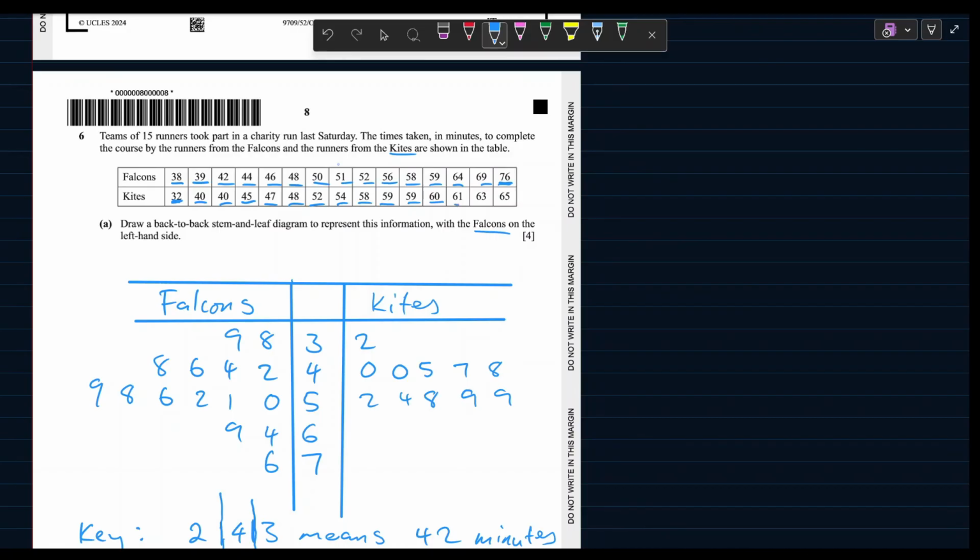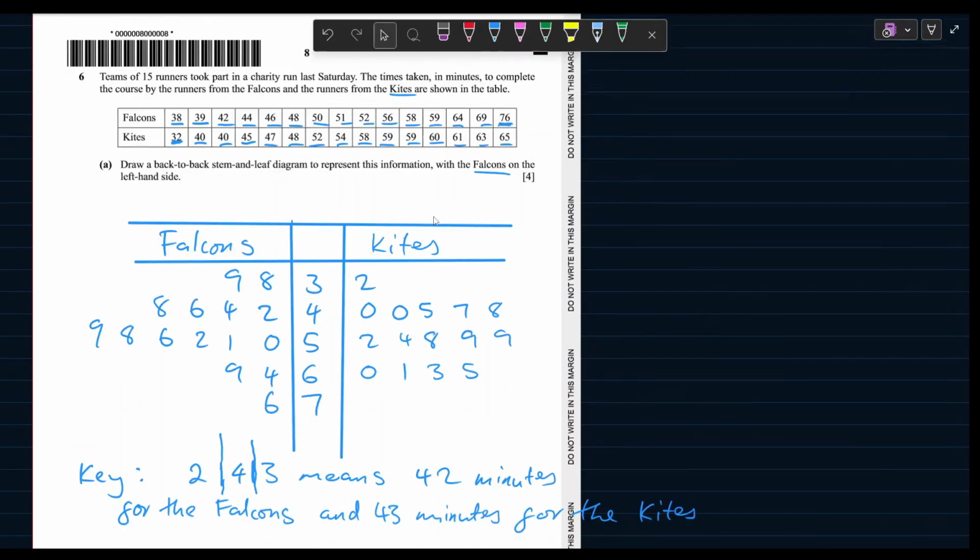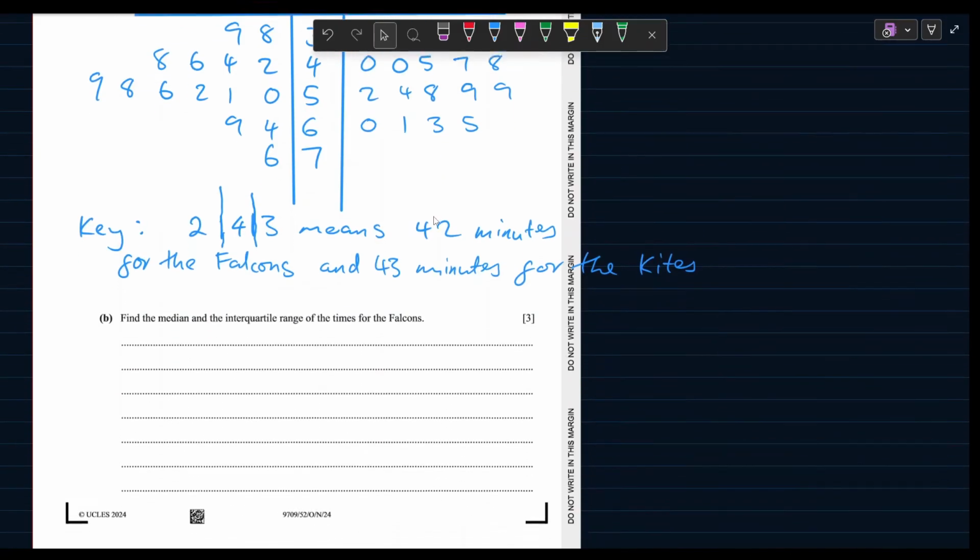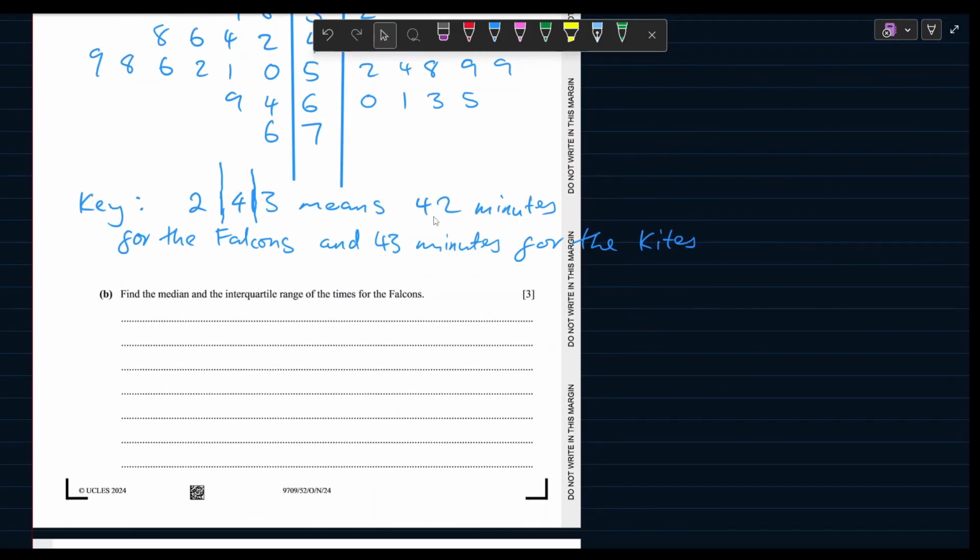Then we've got 0, 1, 3, 5. So that is our back-to-back stem and leaf diagram for the Falcons and the Kites, including the key. The key is key, no pun intended, but it is required. You get a mark for including a key.